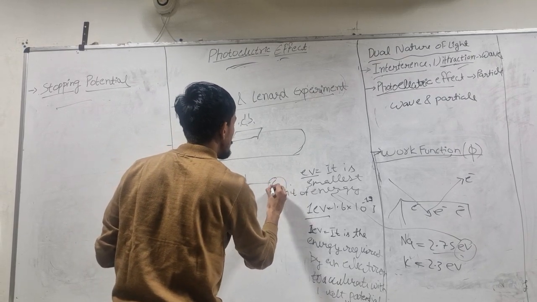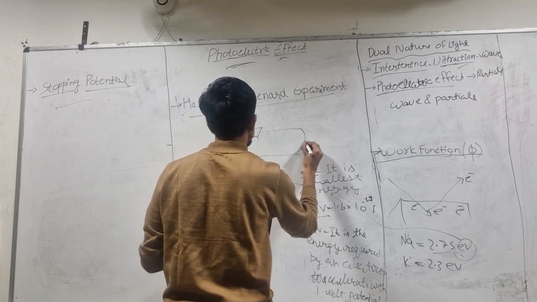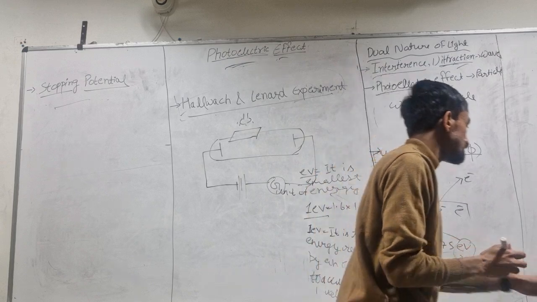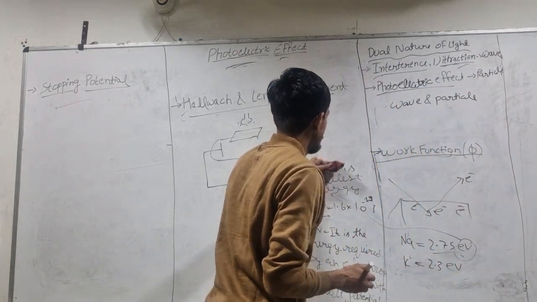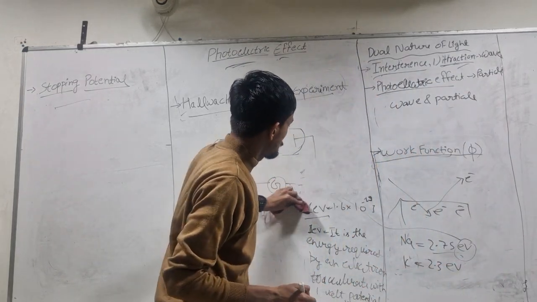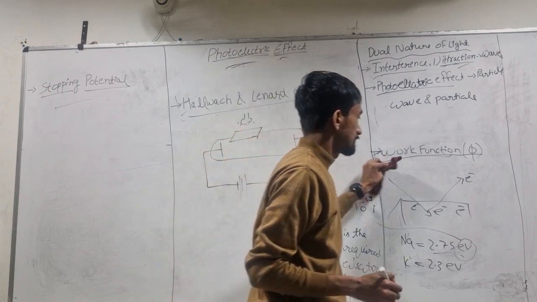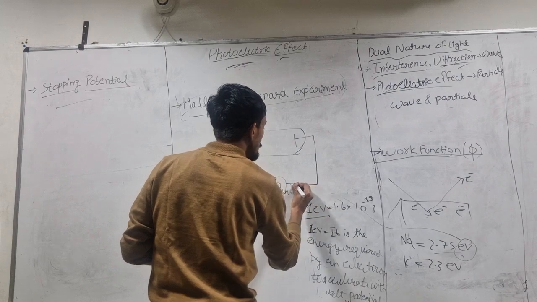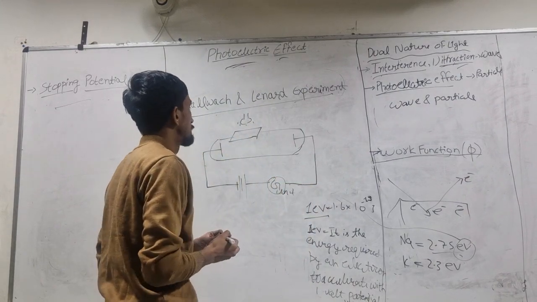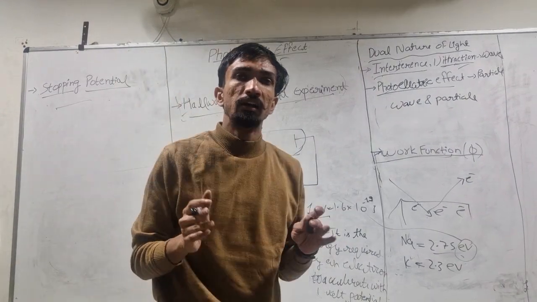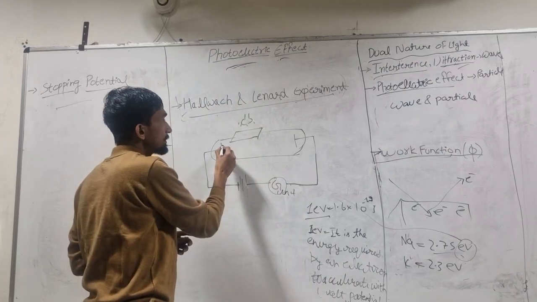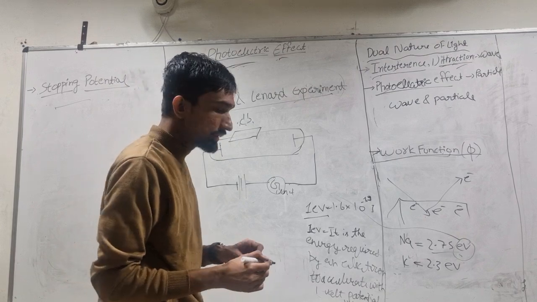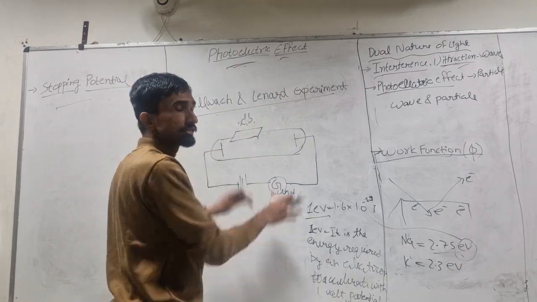There is one galvanometer. There is the anode. When the ultraviolet radiation falls on the emitter plate, then the current passes through this whole circuit. So this is the idea about this whole experiment.